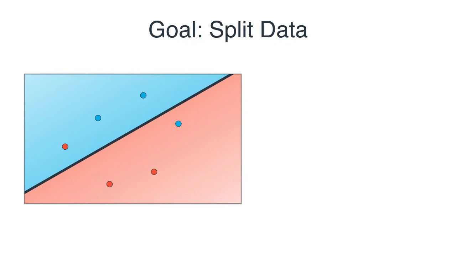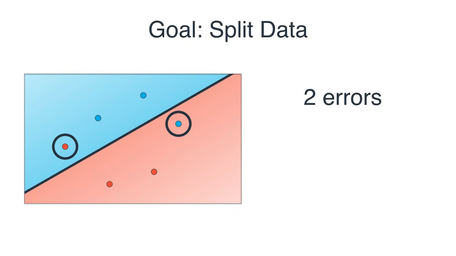So we need to find an error function. We need to tell the computer how badly it's doing, like how far is it from the cake, or how far is it from the floor. And it seems like one sensible error function is how many points am I misclassifying? How many errors do I have? Here I have 2 errors, so I'm cold.